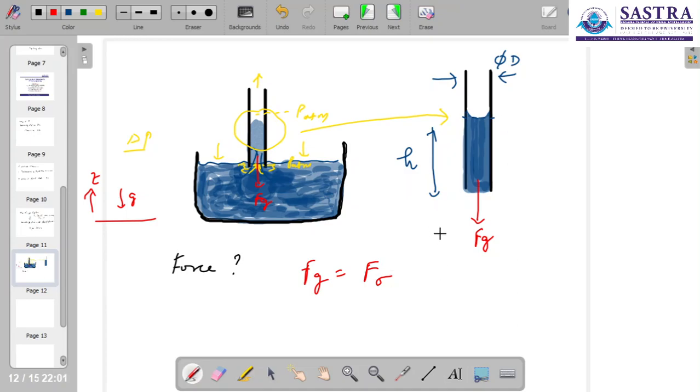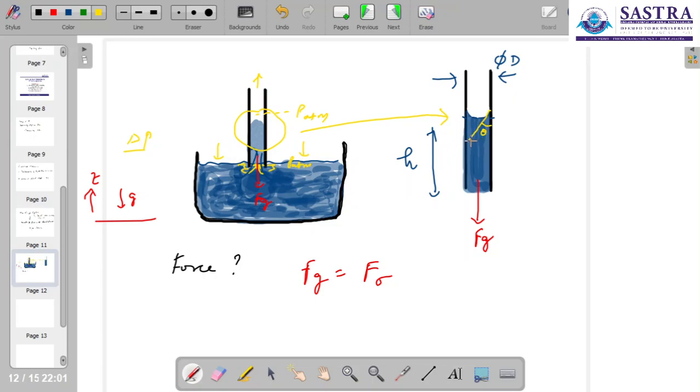The surface tension force acts at an angle which we call the contact angle with respect to the material. Let me just draw and show you. The contact angle has to be measured from the fluid surface and not the other way around. So this is essentially the contact angle.